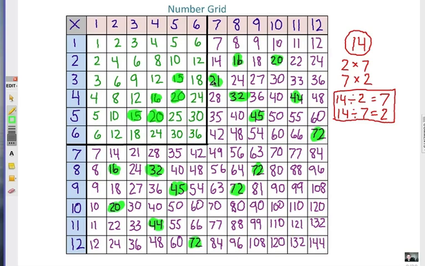How about 21? 7 times 3, 3 times 7. 12. Well, the easiest one, of course, is 12 times 1, 1 times 12. What else? That's right. 6 times 2, 2 times 6. All right, a few more. How about 42? 7 times 6, 6 times 7.